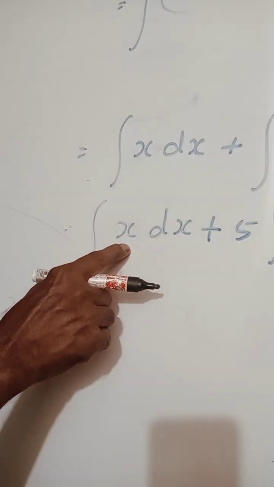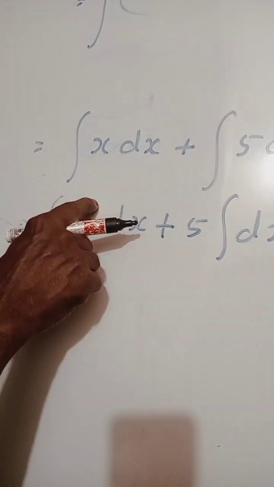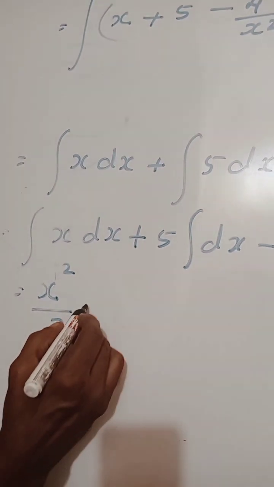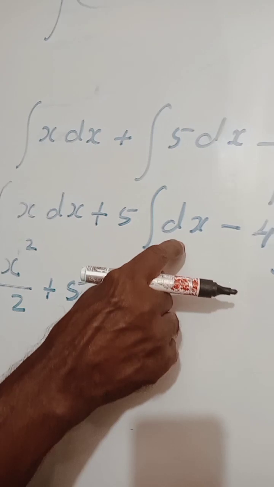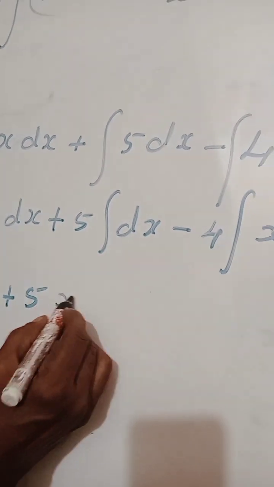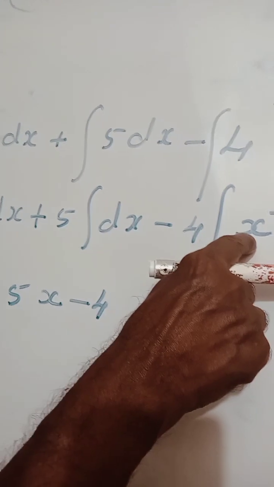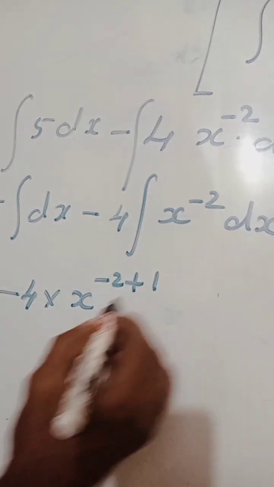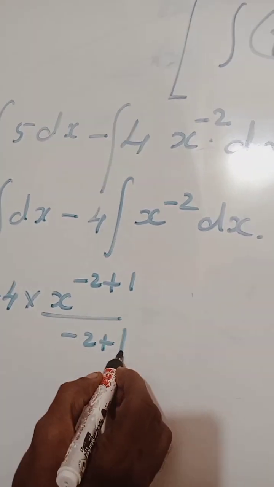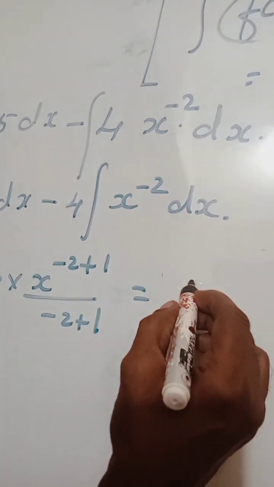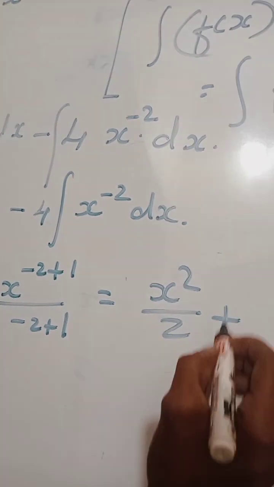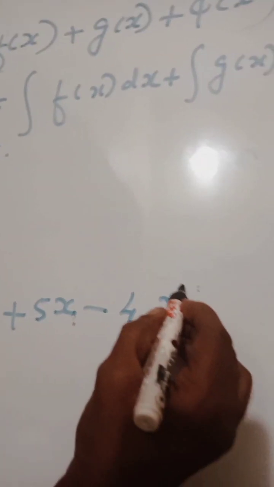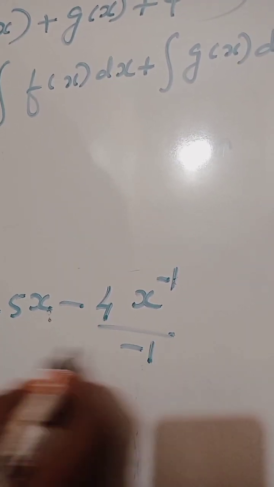This is equal to, we know x means x raised to 1, this is equal to x raised to 1 plus 1 by 2, divided by 2, plus 5 into integration of dx, we know it is x, minus 4 into x raised to minus 2 plus 1 divided by minus 2 plus 1, is equal to x square by 2 plus 5x minus 4 into x raised to minus 1 divided by minus 1.